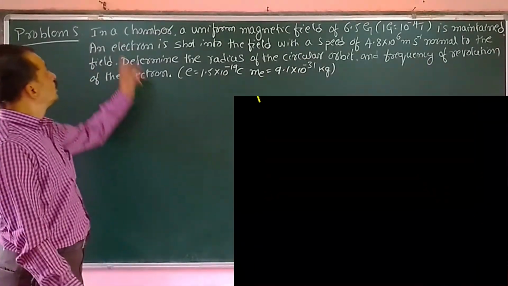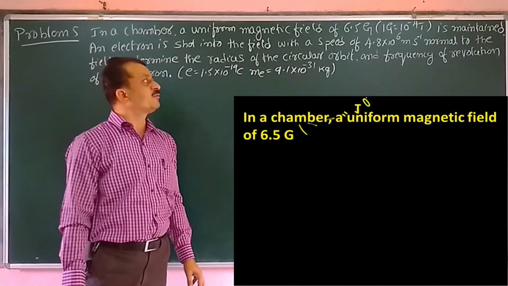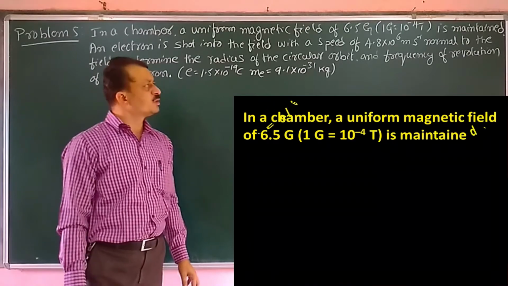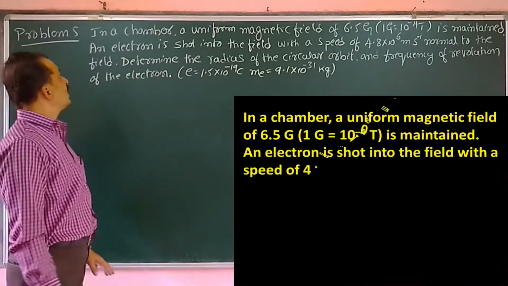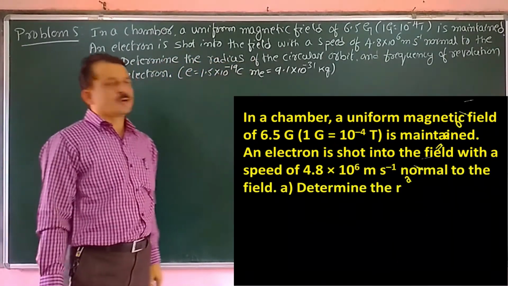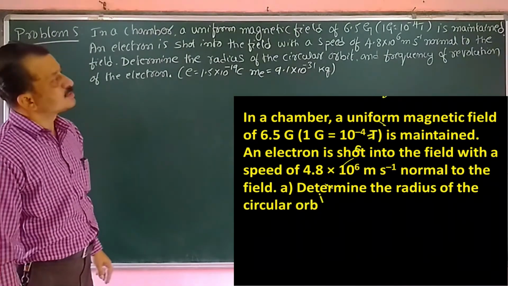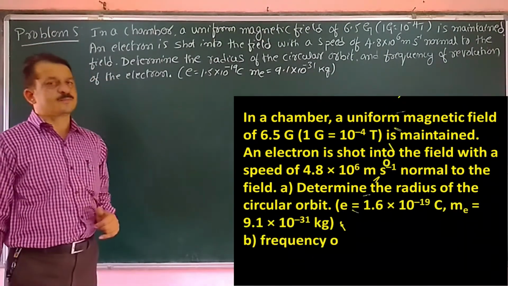Next problem. In a chamber, a uniform magnetic field of 6.5 Gauss, that is, 1 Gauss is equal to 10 raised to minus 4 Tesla, that is given, is maintained. An electron is shot into the field with a speed of 4.8 into 10 raised to 6 meter per second, normal to the field.